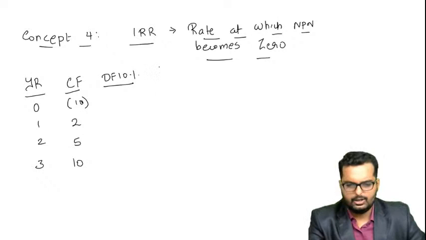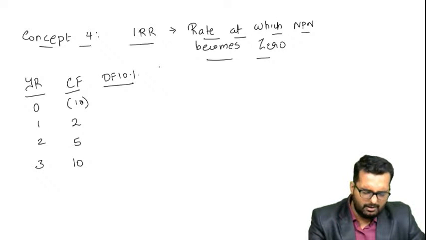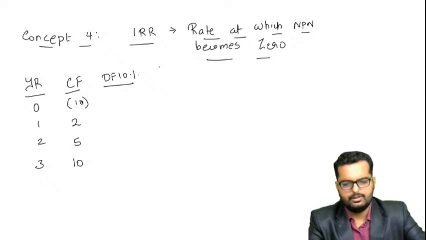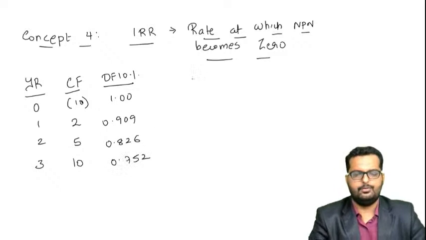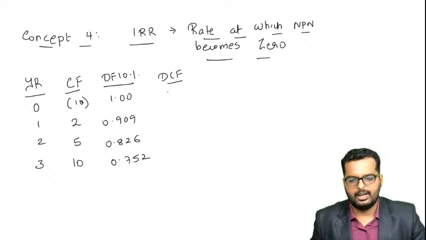Friends, let me do it here itself. Let me not go to Excel. Discount factor would be 1, 0.909, 0.826, 0.751. So what is the discounted cash flow I get over here?